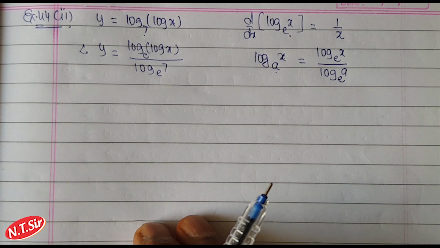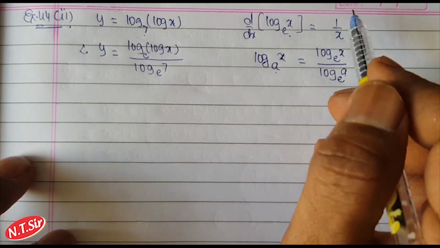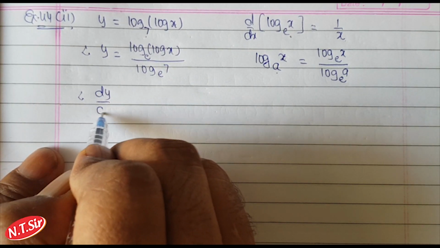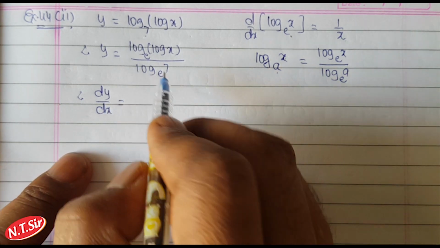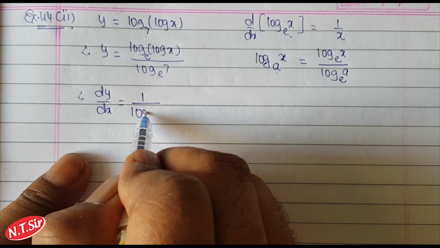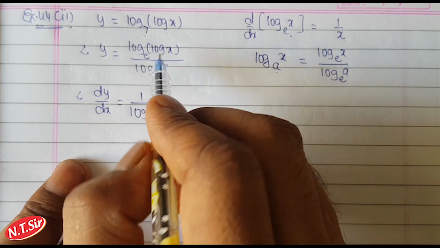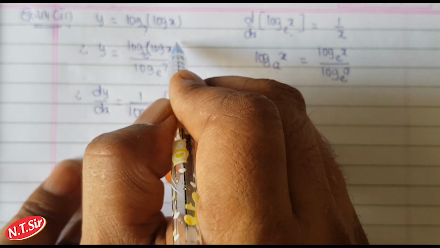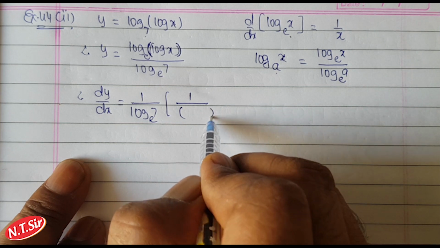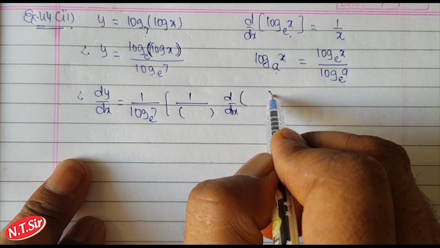Now derivative of log bracket is 1 upon bracket. So here dy by dx is equal to, now 1 upon log 7 base e is constant, and derivative of log bracket is 1 upon bracket into d by dx of bracket again.